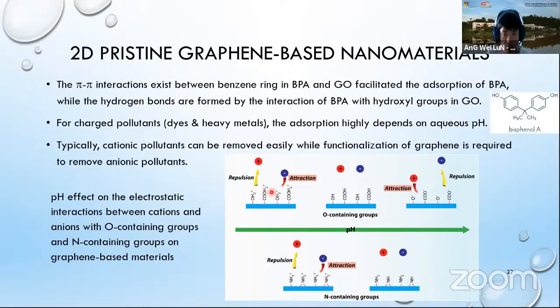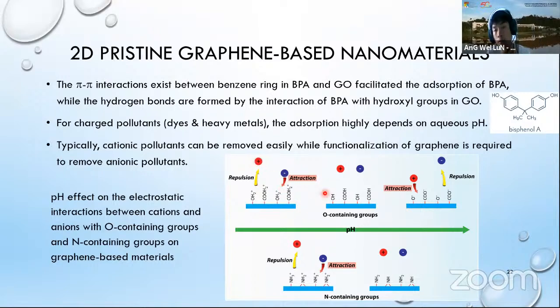If you look at this, the pH, from acidic to alkaline conditions, let's look at the oxygen functional groups. Under acidic conditions, the oxygen functional groups will obtain H+ from the acid in the solution, so they will become positively charged. So under acidic conditions, your graphene-based materials will have a positive charge, and will attract negatively charged pollutants while repelling positively charged pollutants.